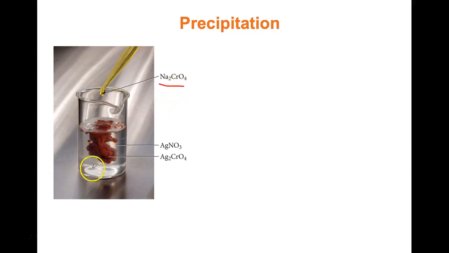Now down here in the water, you can't see it, but what's dissolved is silver nitrate. Once the drops of sodium chromate hit the solution containing silver nitrate, a chemical reaction occurs. The silver combines with the chromate, and you get this reddish-brown compound. That's our precipitate. So Q must be greater than KSP.